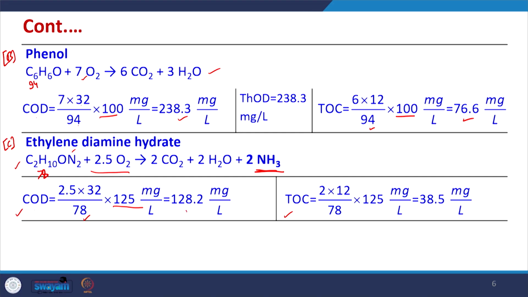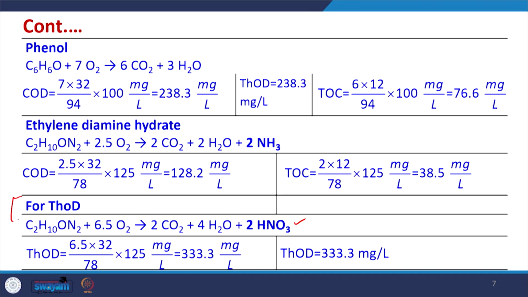So, the COD value comes out to be 128.2 milligram per liter. From the same equation the TOC value is calculated: 2 into 12, because ethylene diamine hydrate contains only 2 moles of carbon, divided by 78 into 125. This is 38.5.